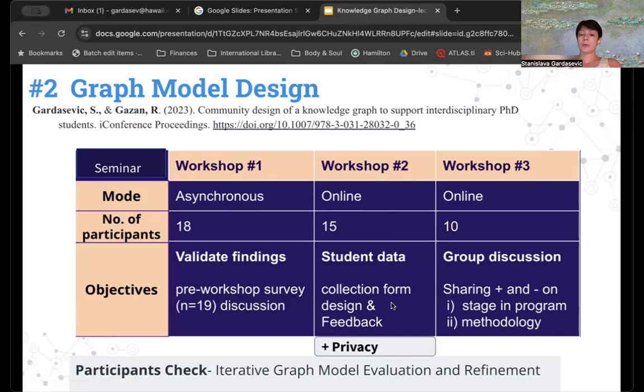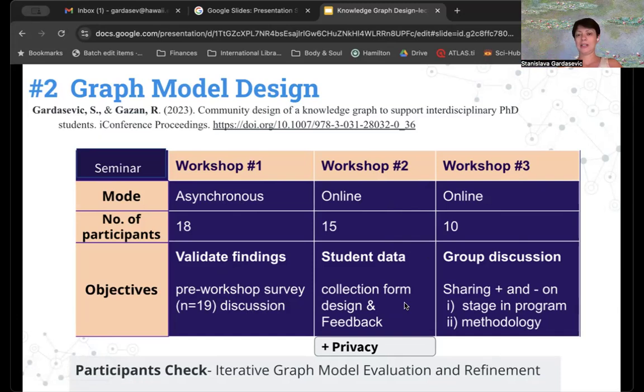The second workshop was crucial here because it was intended to design the ingest of the student data form. Because of FERPA, we can't really get their private information from any system. It has to be student contributed.